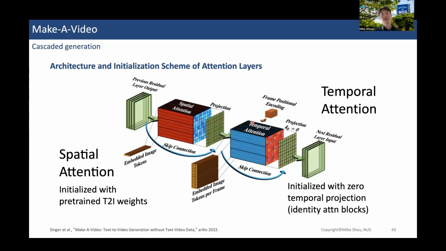It will perform 1D attention across this dimension. Basically, for this specific position, it has different values over time, and we do the attention across this line. And for another position, we also again do this kind of 1D self-attention.